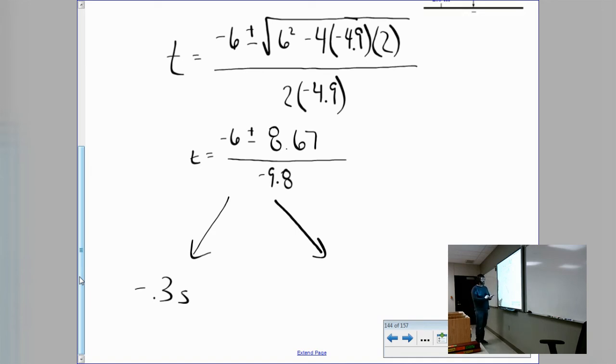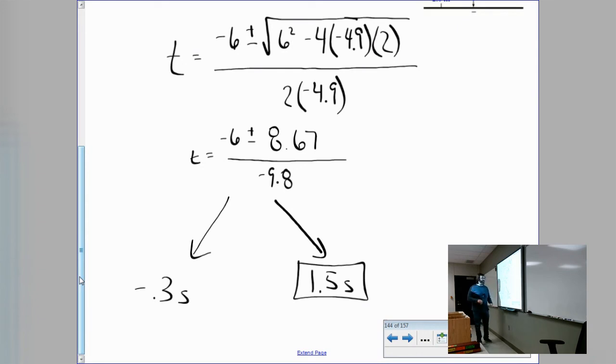Negative 6 minus 8.67 gives us negative 14.67, and dividing that by negative 9.81 gives us a time of 1.5 seconds. That one is our correct answer because it gives us a positive time. Negative divided by negative gives you a positive. So this is how we solve the problem using the quadratic equation.